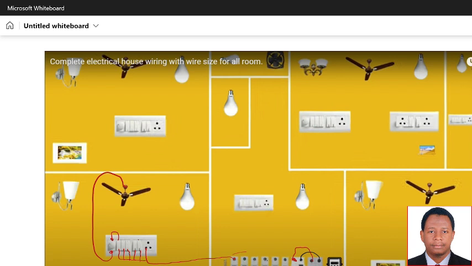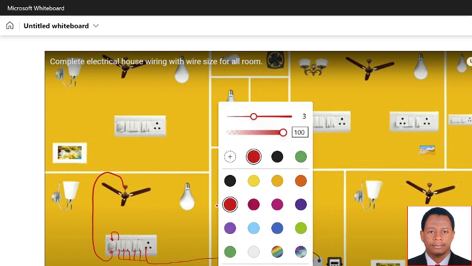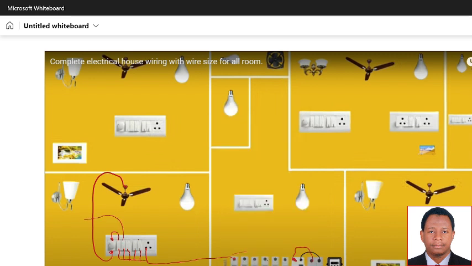Now, if this switch is going to control the socket, it means that I don't need. I have this one again. What is this switch controlling? It is going to control our work light.